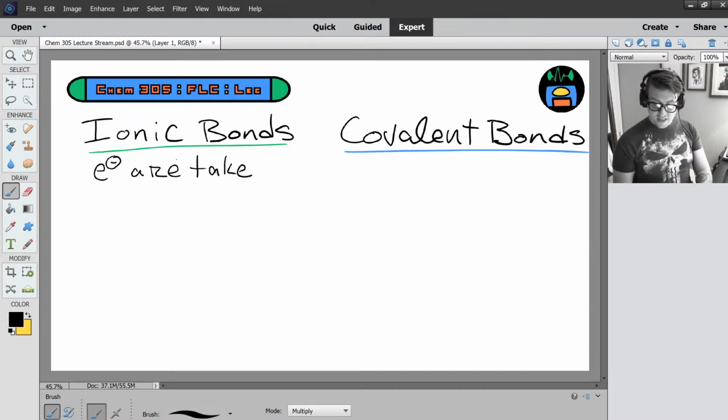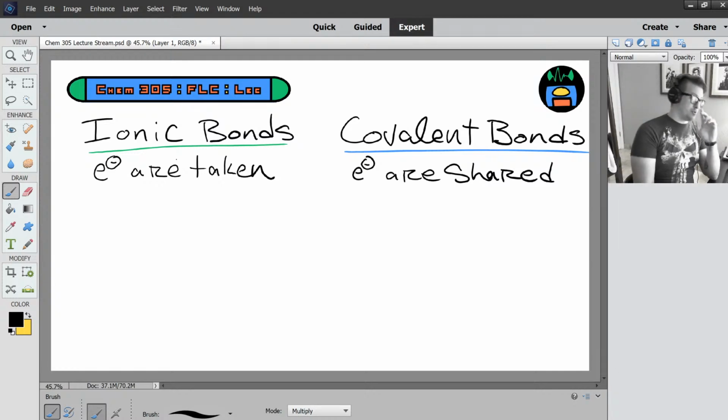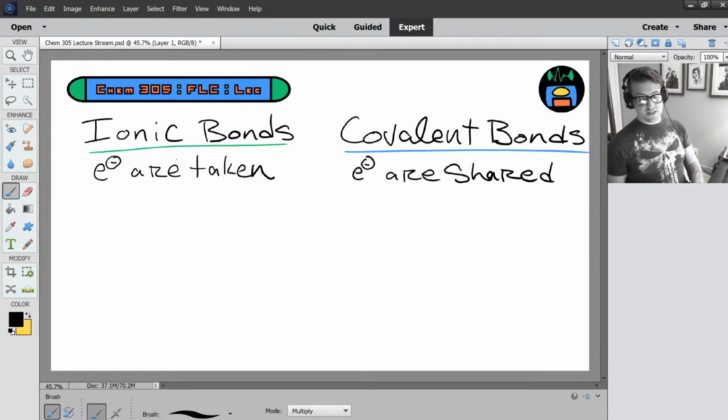We know that in covalent bonds, however, electrons are shared. So we know the difference between these 2 types of compounds, ionic and covalent, and the difference between these 2 types of bonds.